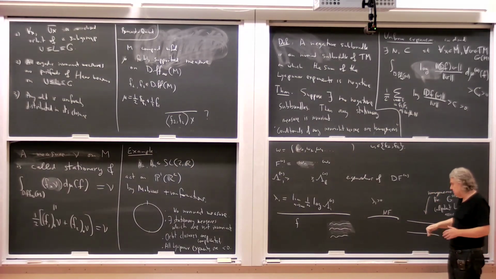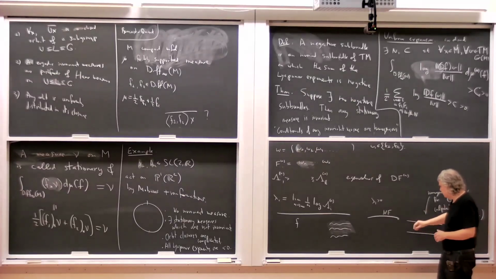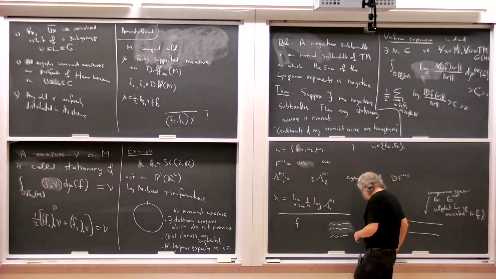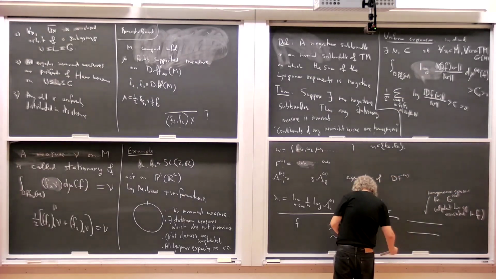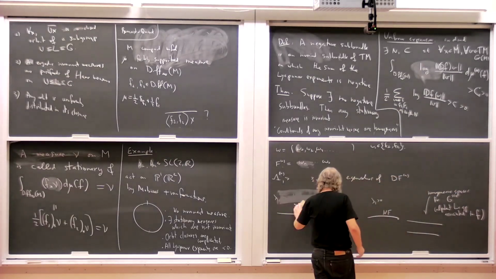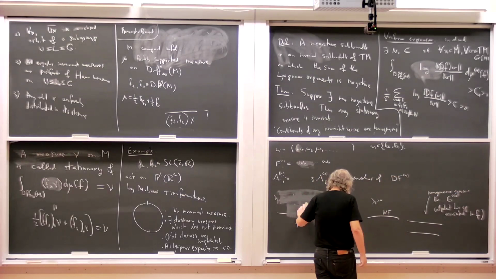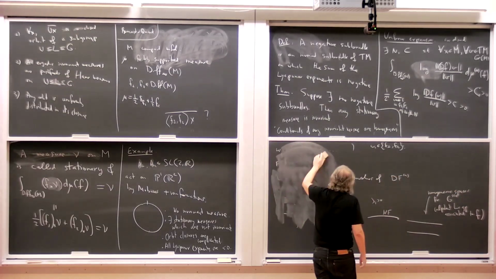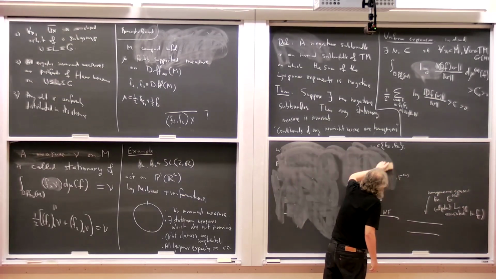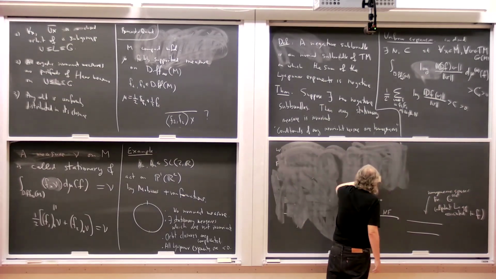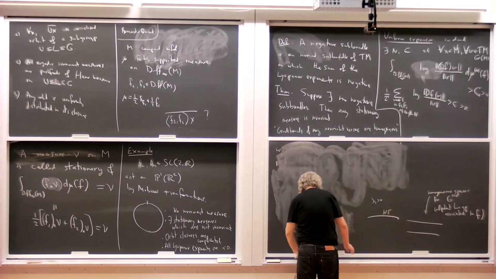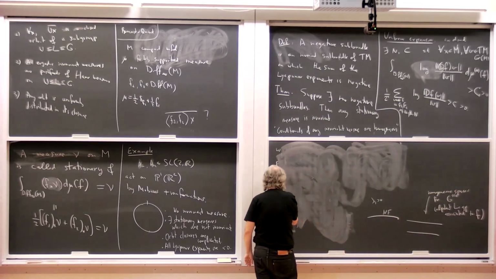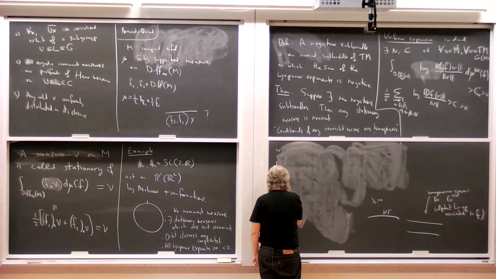And so you kind of have a picture here. On this side, you have the dynamics. Here I have my squiggly manifold, the unstable manifold.